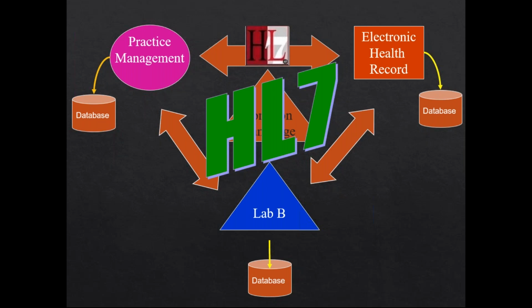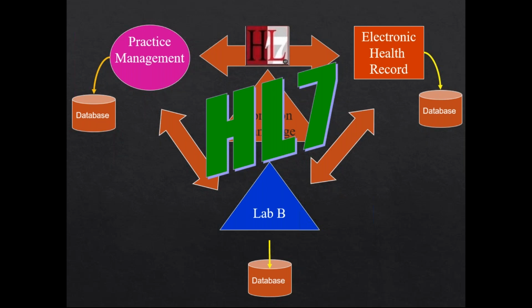When we want to integrate with these two different parties, that would be a different integration altogether. When we talk about sending billing information from the PM system to an insurance company, we transact that in the form of X12. That is a different standard altogether, like HL7.